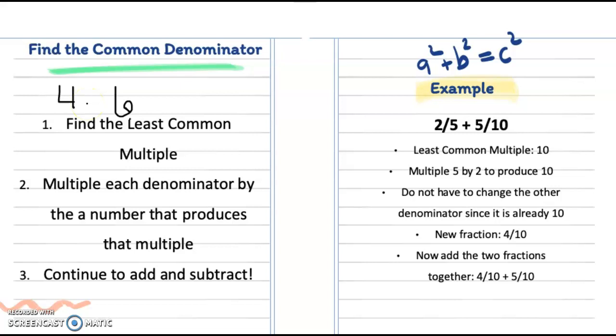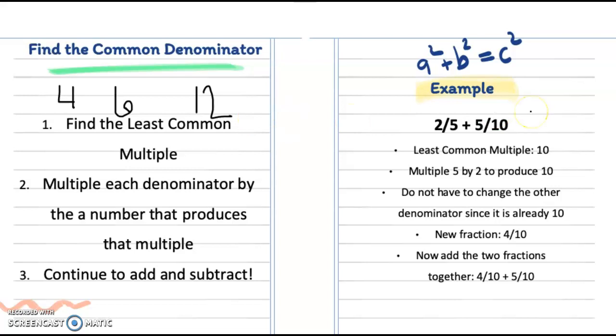If you go through the numbers, they have 12 in common, 24 in common, 36 in common, so many numbers in common, but we need to find the one that is the least. Out of all the numbers that we described, 12 would be the least common denominator for these two numbers. So once you figure out that 12 is the least common denominator, we need to multiply the numerator and the denominator by the number that gives us 12.